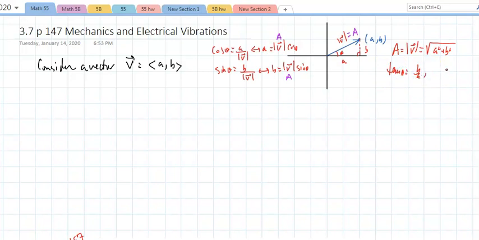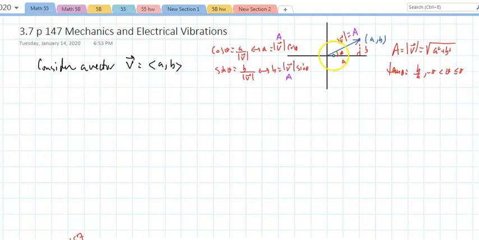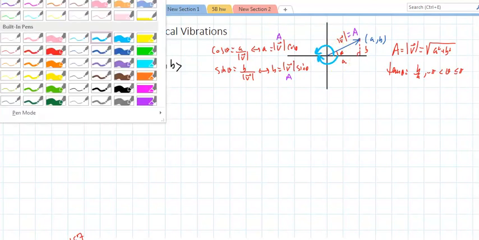Here they limit theta to be between negative pi and pi. Repetition is not allowed. So they limit theta to be between pi and negative pi, including pi excluding negative pi.